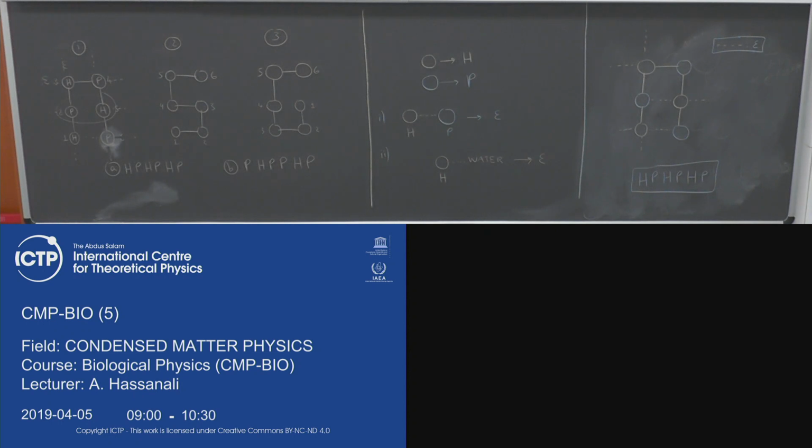The premise of the model is that H-H interactions are favorable. So without loss of generality, I can set that to 0, because in this case they all three do. Perfect. Very good. Okay, that's exactly the point.